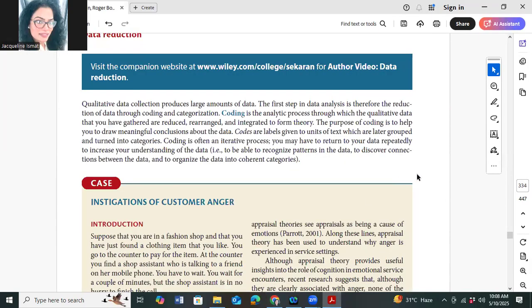The first step is reduction of data through coding and categorization. When we have to condense and narrow down a large amount of data, we do coding and categorization. Coding is the analytical process through which qualitative data that you have gathered are reduced, rearranged, and integrated in the form of theme. Right?